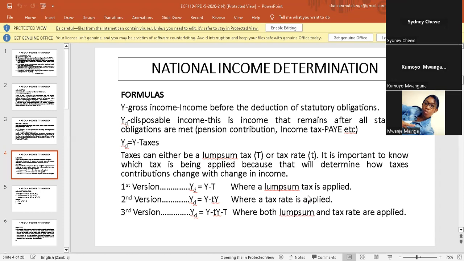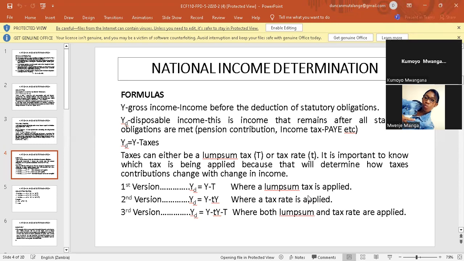Is that okay? So let me just give you an example to help you think. If the tax rate is 10%, and Duncan earns 1,000 kwacha every month, how much money does the government collect as tax from Duncan? Anybody to try it out?